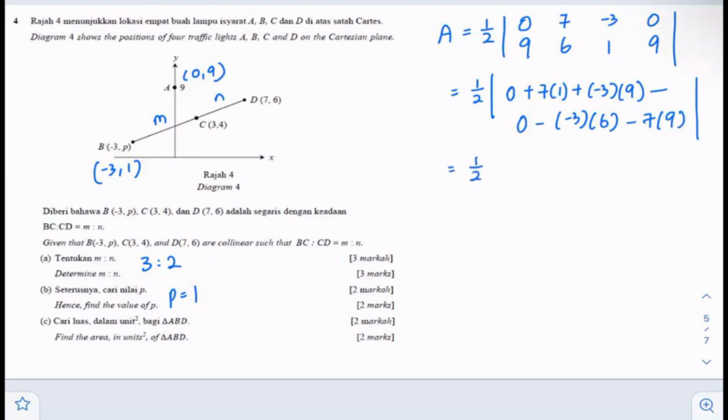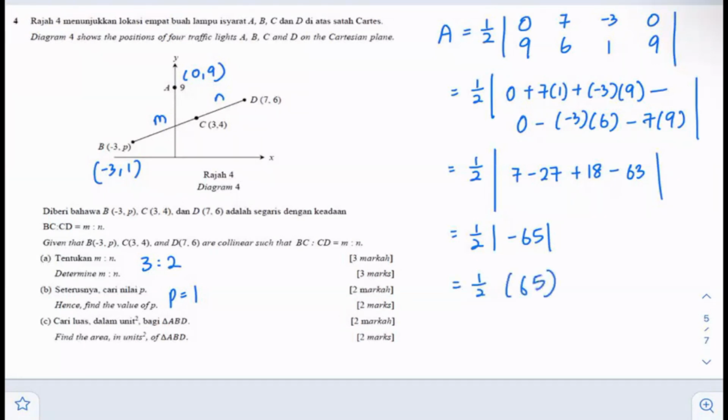So 1 over 2 modulus 7 minus 27 plus 18 minus 63. So we have 1 over 2 modulus -65. So it will be 1 over 2 multiplied with 65, as the modulus has turned the -65 into a positive, and we got 32.5 units square.